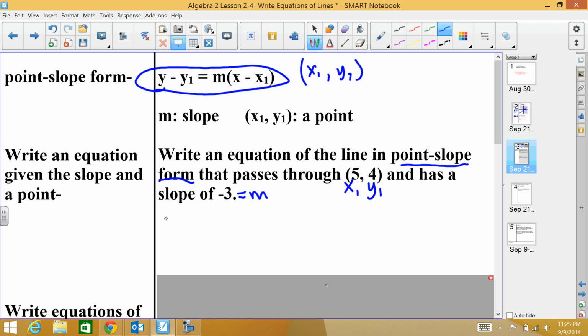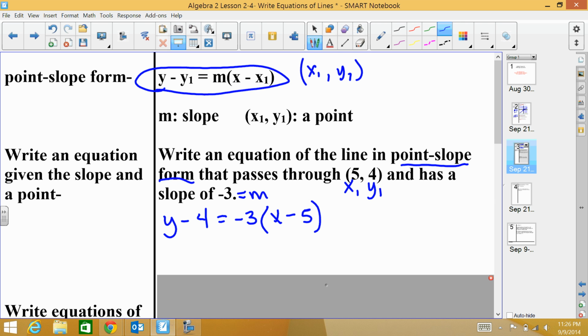So we're going to have y minus y1, which in this case would be 4, equals m, which is -3, times x minus, and then x1 would be 5. So this would be the answer. This is the equation of our line in point-slope form.